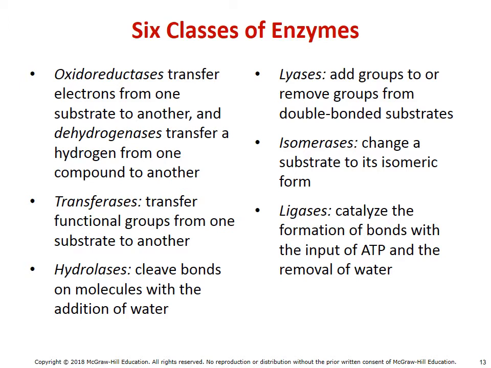And so oxidoreductases help facilitate this movement of the electron from one substrate to the other. So naturally, this is a pretty important class of enzymes. Really, dehydrogenases are the same basic concept, because hydrogen is really nothing more than an electron and a proton. You move the electron, potentially the proton often wants to tag along.